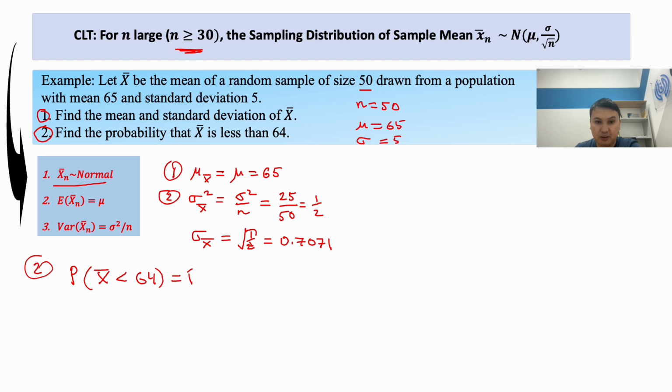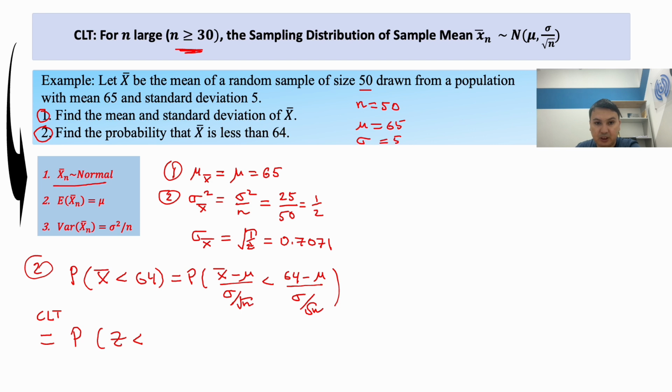The process of converting is x bar minus mu divided by the standard deviation, sigma over square root of n. Then my left-hand side becomes my z, by the CLT.